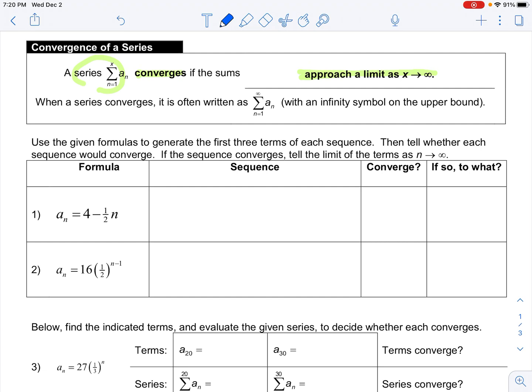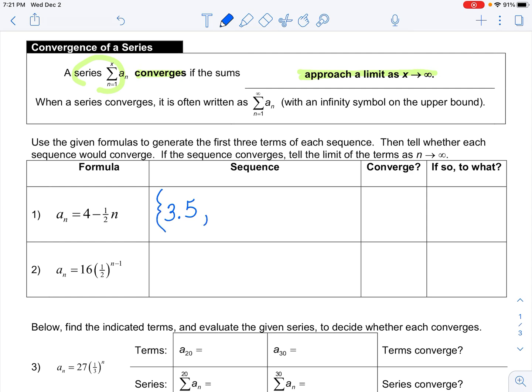So number one, I have a sub n equals 4 minus 1/2 n. So for my sequence, let's let n be equal to 1 first. So 4 minus 1/2 times 1 will be 3.5. Okay.